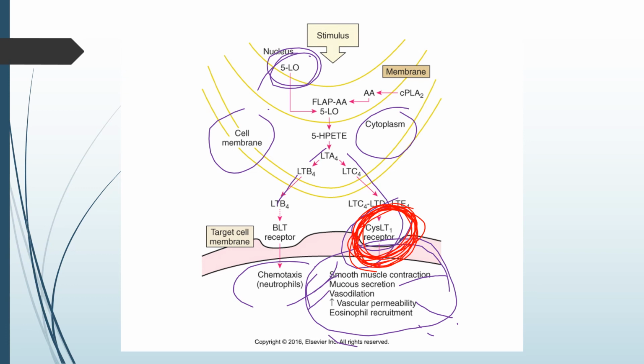They block that, which then should block smooth muscle contraction, mucus secretion, vasodilation, vascular permeability, eosinophilic recruitment. It should block all this stuff because we're taking up that parking space and we're not stimulating it. Right? So these drugs, you're like, what drugs are in these categories?